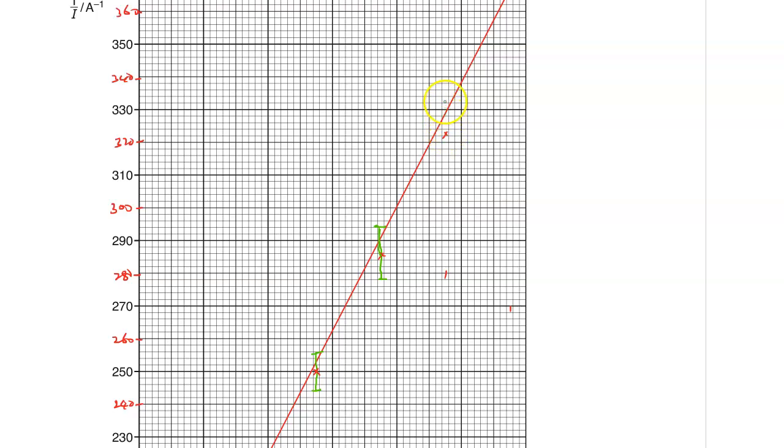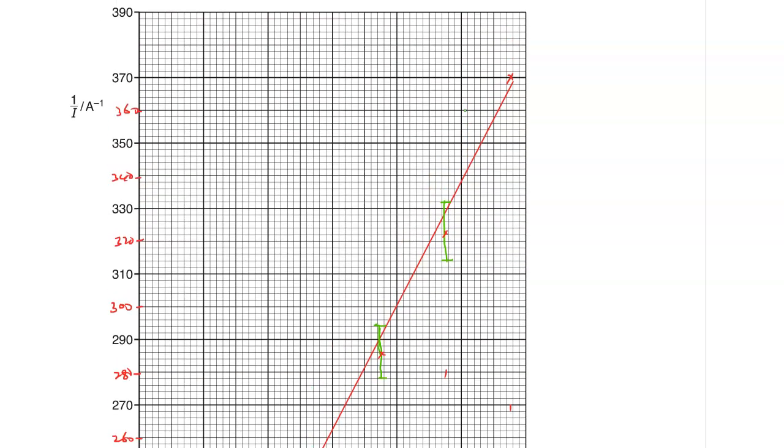1, 2, 3, 4, 5. 5 is up here. Draw this line.